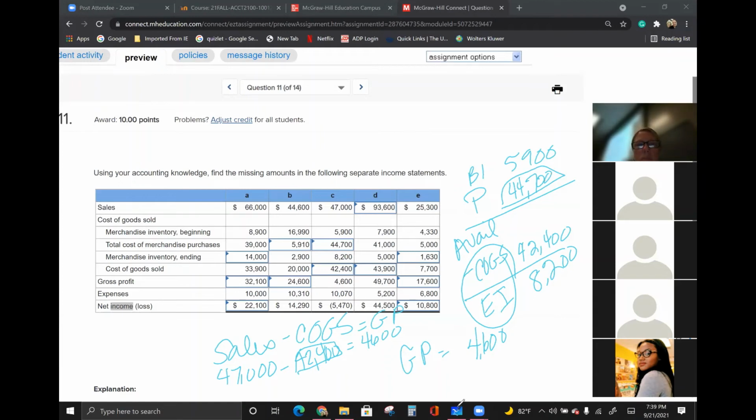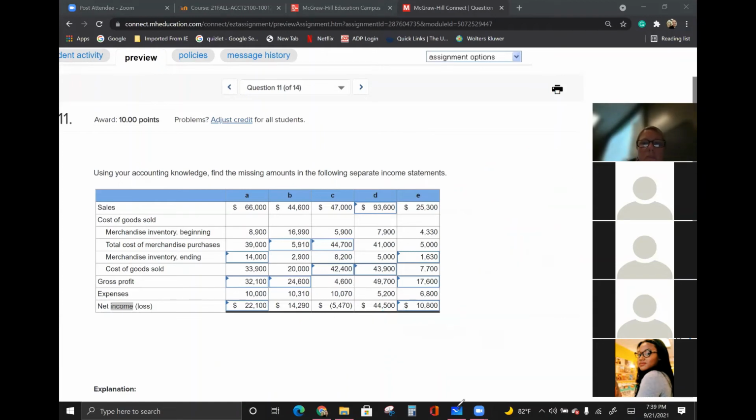My numbers are 47,700 for my cost of goods sold. And then merchandising inventory ending is 8,800. What was your cost of goods sold? 47,700. Okay, and your ending inventory. So that gives you a total of 56.5. And then what was your beginning inventory? 5,000.